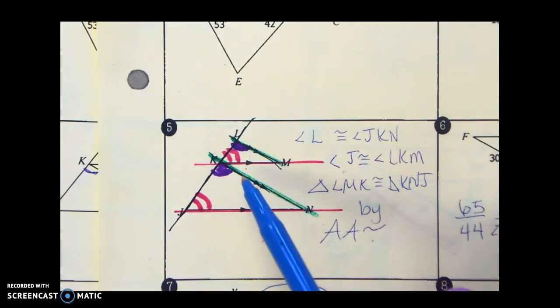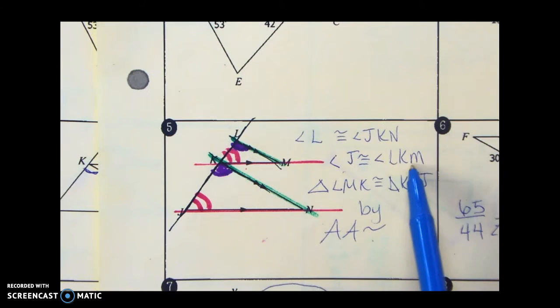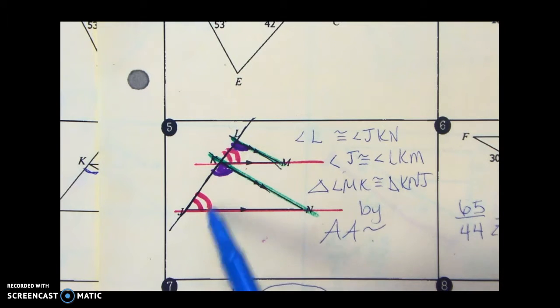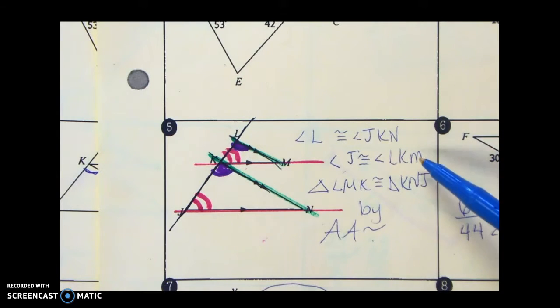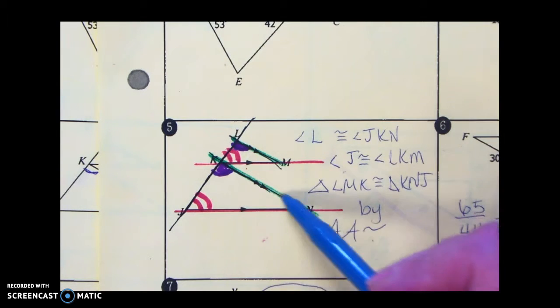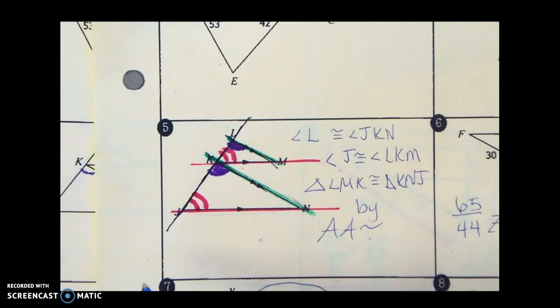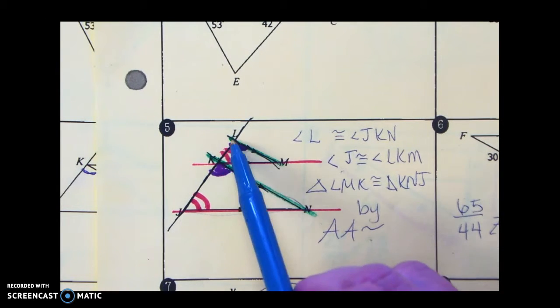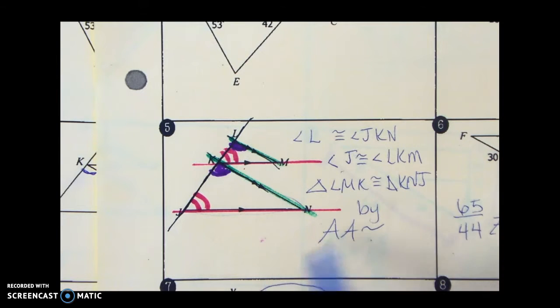is congruent to angle LKM. So the pink 2 lines and the pink 2 lines, those two are congruent. So then I can say that this triangle up here, which is triangle LMK, this angle here is congruent, this triangle is similar.